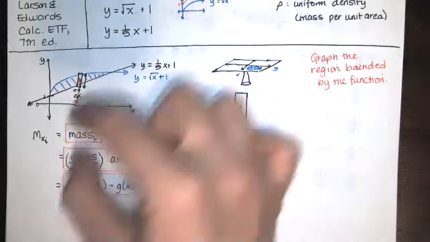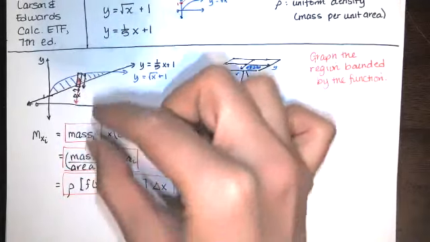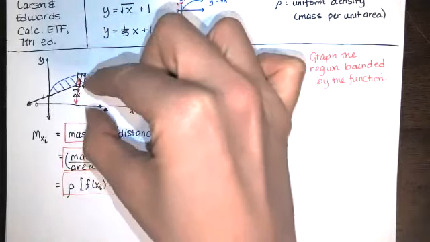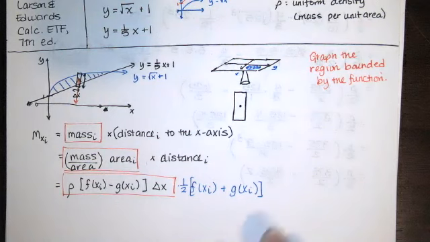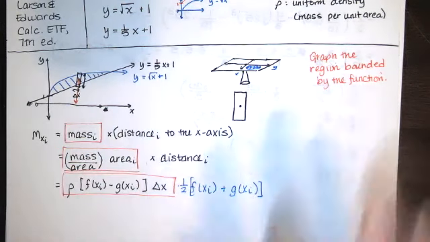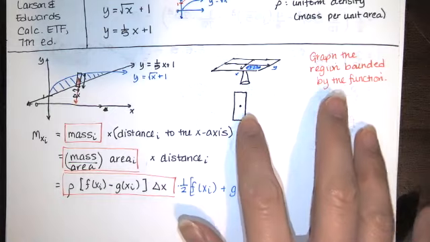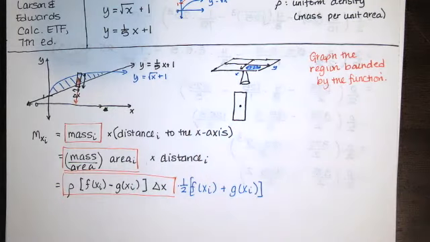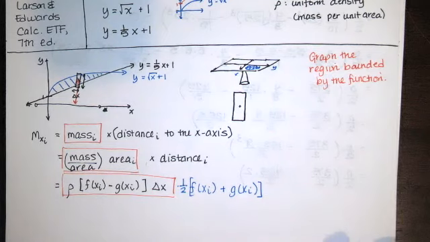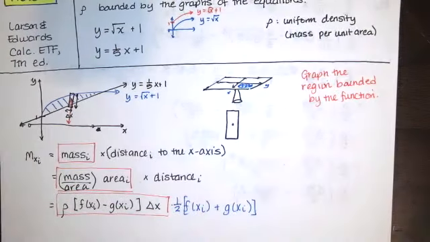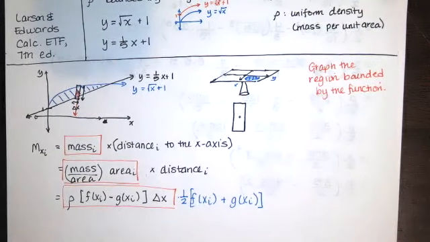So this distance to the x-axis is actually a y value. And because we have lots of y values, we're going to take the average y value. And that makes sense because the center of mass is a property of the geometry of that rectangle, and is not changed by a distribution of mass that is non-constant.